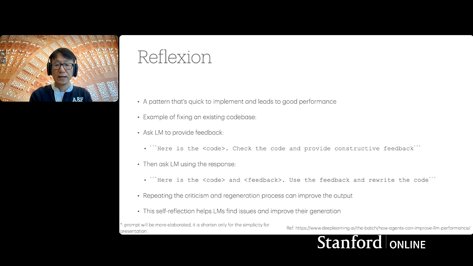Then take that feedback to the second prompt. You could also prepare a prompt saying, here's the code and the feedback which came from the model itself, and then ask the model to refactor it. This way of reflection will likely generate better output or a better fix for the code that you are asking the model about.